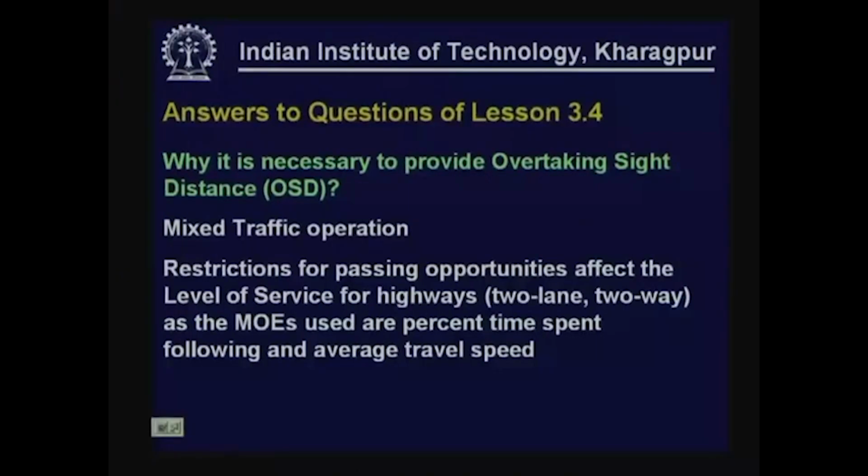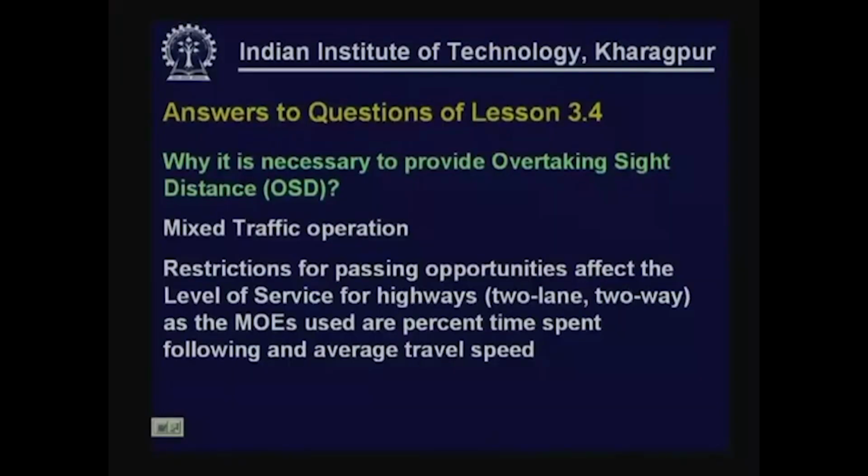Also, restriction for passing opportunities affects the level of service for highway, particularly 2-lane two-way roads, as the measures of effectiveness used are percentage time spent following and average travel speed. So, if adequate overtaking side distance or overtaking opportunities are not provided, then both these MOEs would be affected and level of service will be degraded.